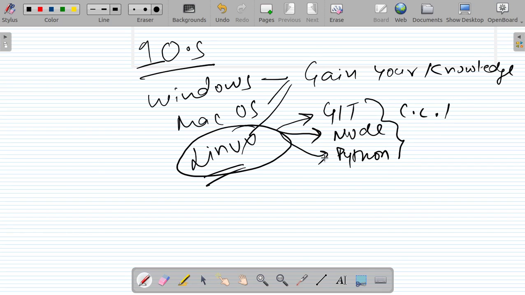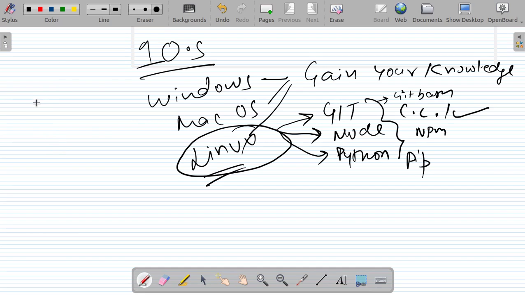In Python we install packages using pip install, and in Node we use npm, the Node package manager, to install things on our computers. Git also provides Git Bash, which is completely a CLI. So, to understand all this better, you should learn Linux.